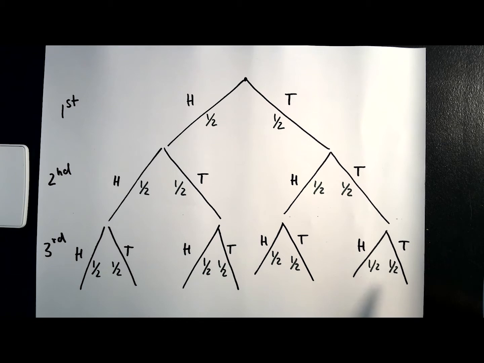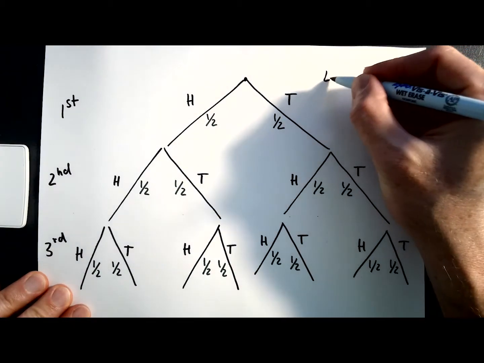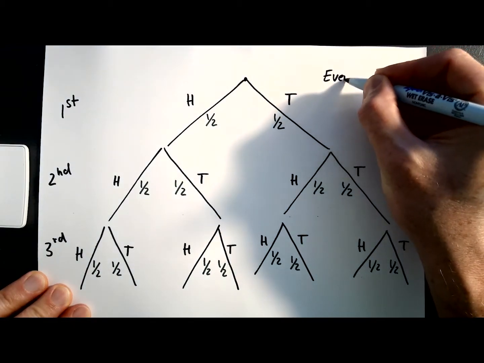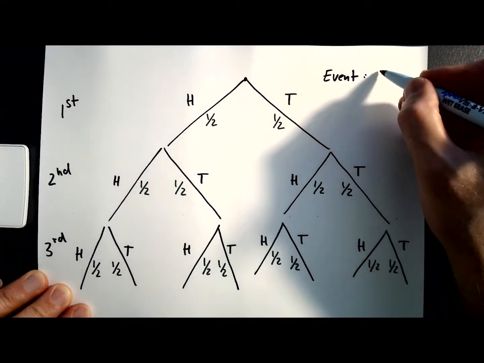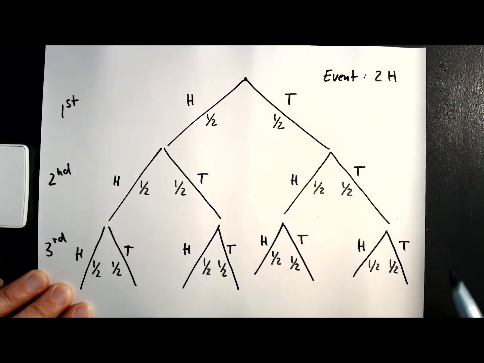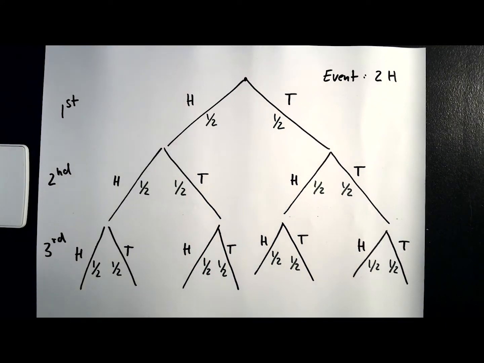If you are thinking about the event of interest before, that event was the probability of getting heads twice when flipping a coin 3 times. Okay?